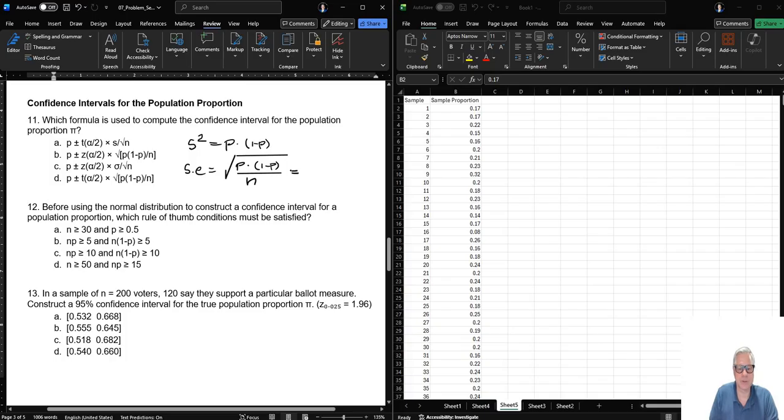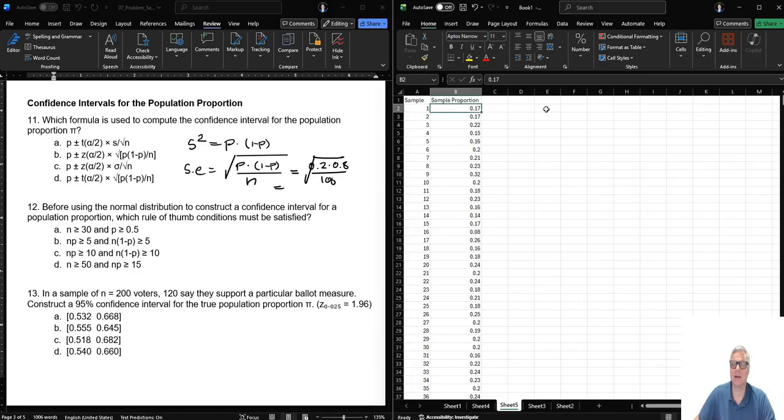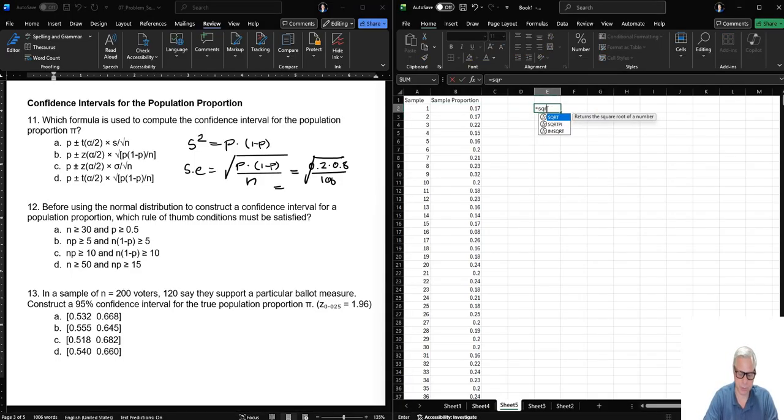So that would be equal to the square root of 0.2 times 0.8 over the sample size 100. And then what do we get if I just calculate it theoretically? So that should be equal to the square root of 0.2 times 0.8 divided by 100.